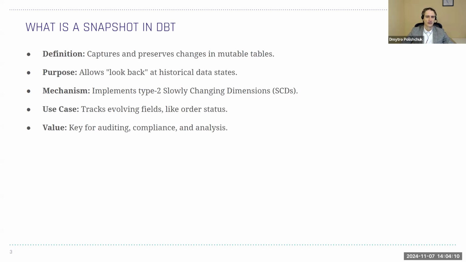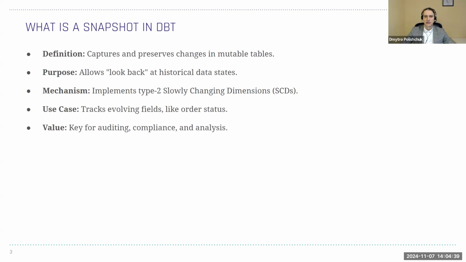Snapshots allow us to look back and see what a row looked like at previous points in time. This is particularly valuable when working with mutable tables, which often serve as source tables in dbt, where data points like statuses or attributes might be updated frequently, and we need to analyze or report on historical states, not just the current one.